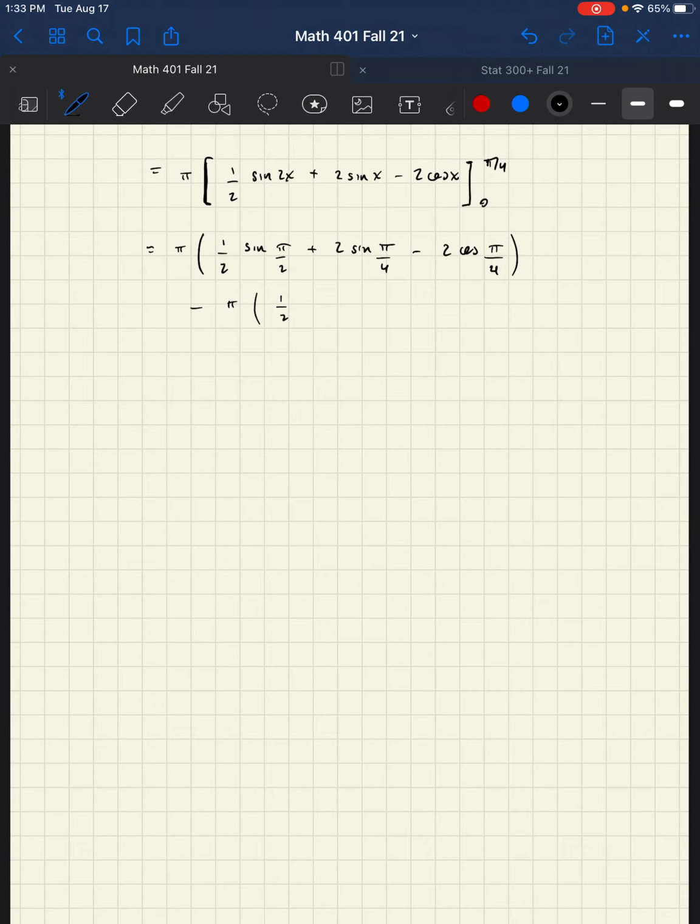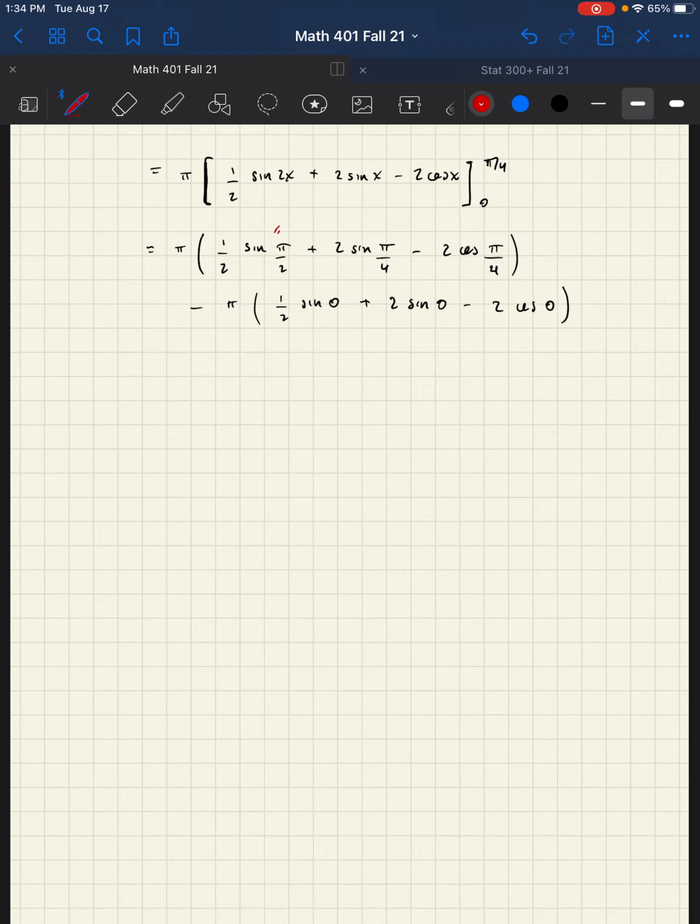Here's where you really are going to want to know your unit circle, because even if it doesn't take that long to look these up, you're really going to want to be quick with these because there's going to be so many of these calculations. So let's just go through them real quick.